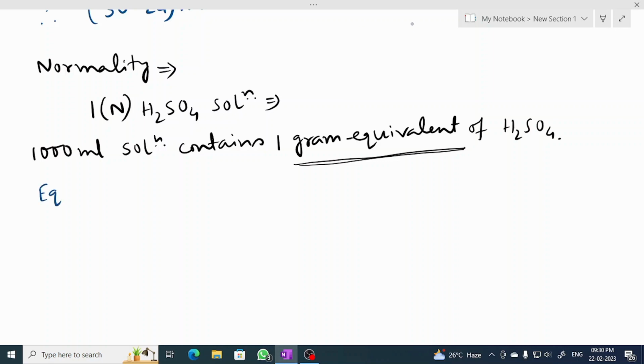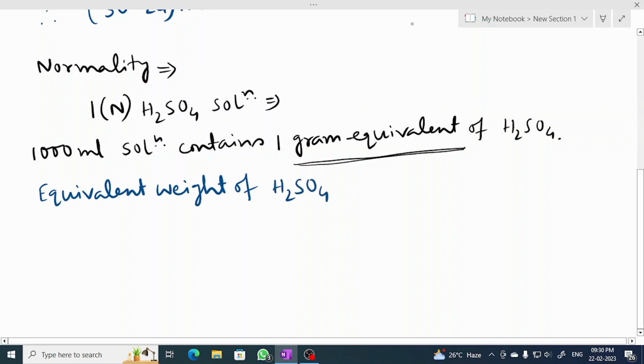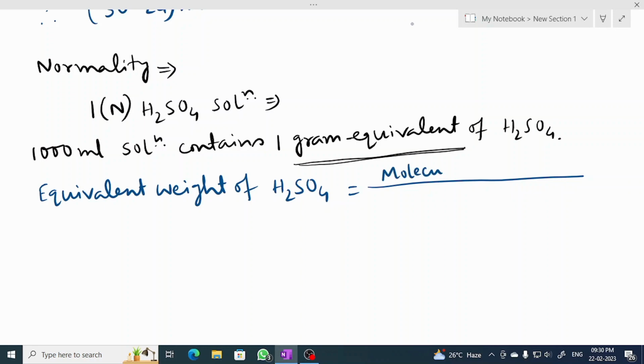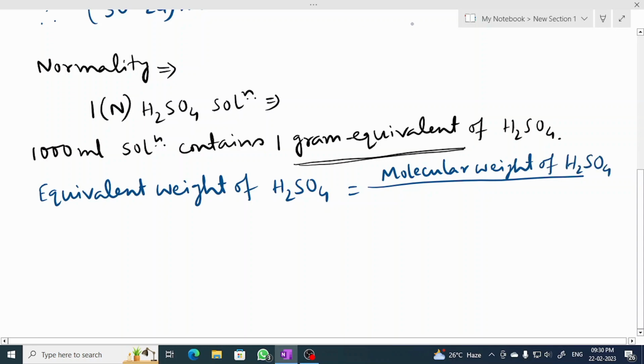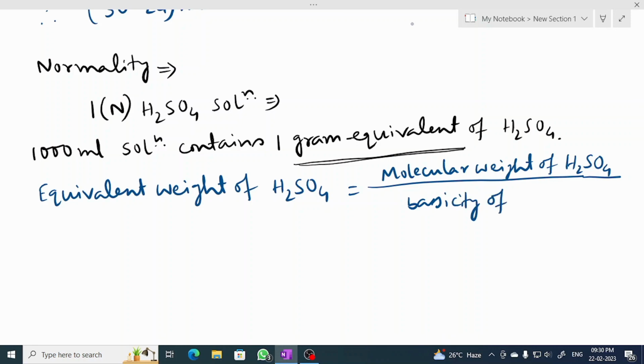The equivalent weight of H2SO4 is molecular weight of H2SO4 upon basicity of H2SO4.